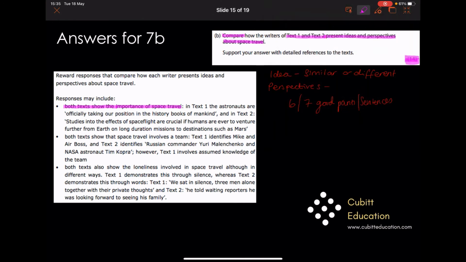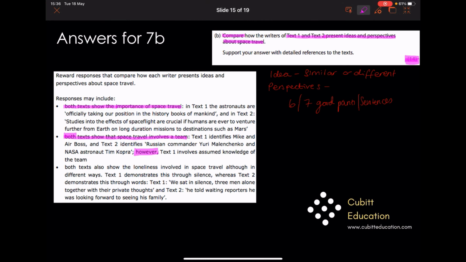The next example: both texts show that space travel involves a team. Text 1 identifies Mike and Airbus, and text 2 identifies Russian commander Yuri Malenchenko and NASA astronaut Tim Kopra. However, text 1 involves assumed knowledge of the team. Okay, so this example was good because it shows you how they have not only talked about both up here, they've also made another point, that you've just got to assume that there's a team involved.